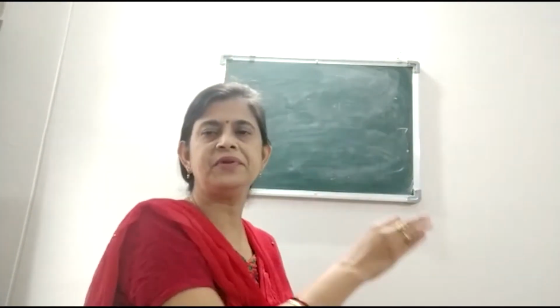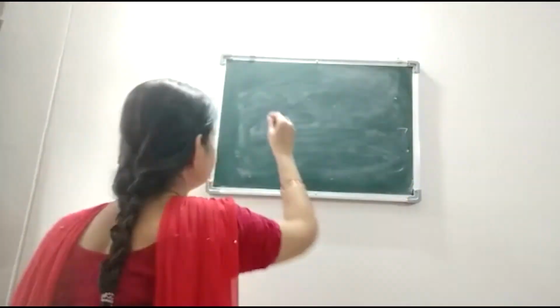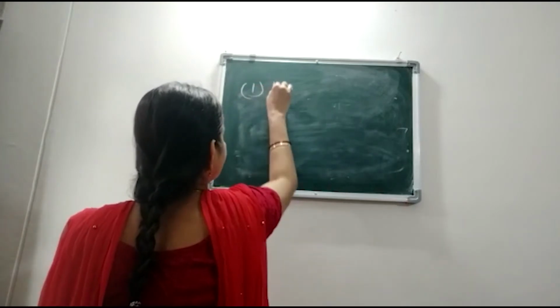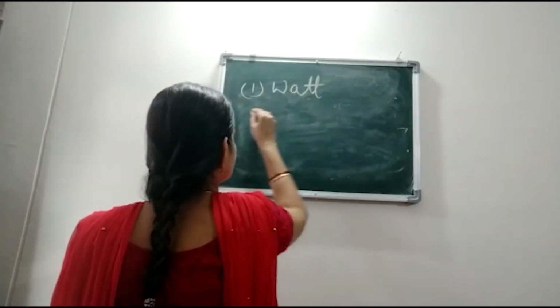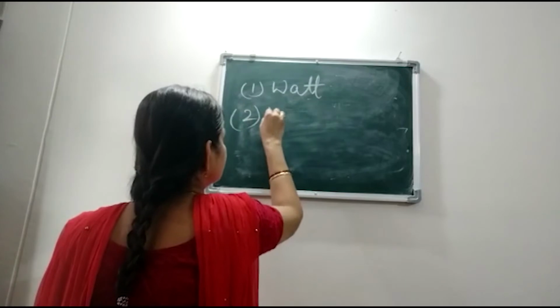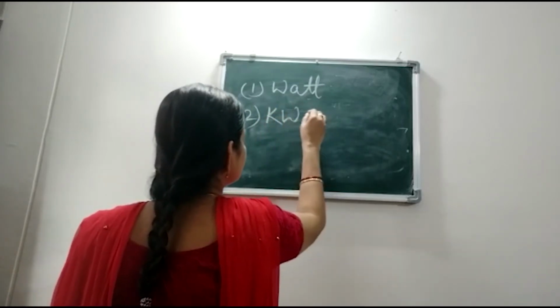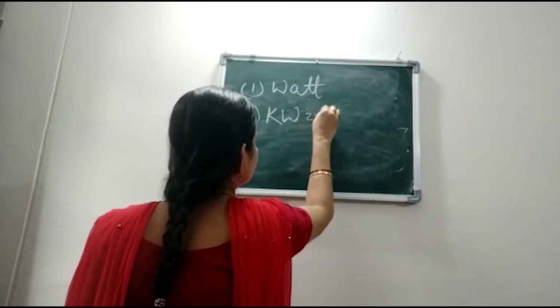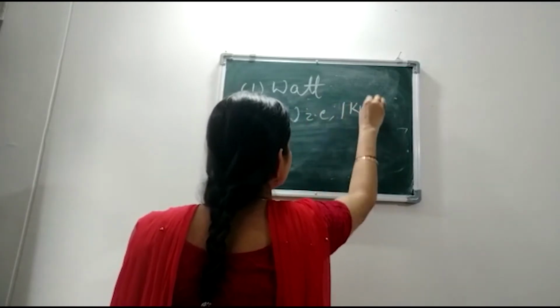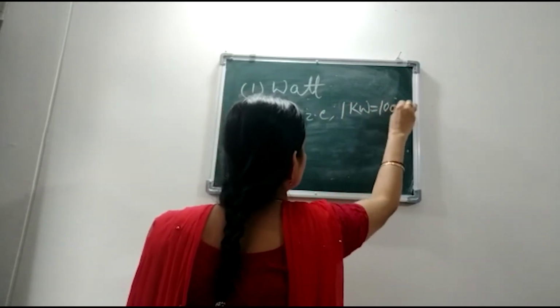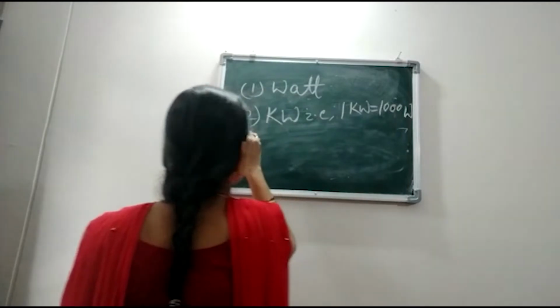So the different units of power are, one is watt, second one is kilowatt. Kilowatt means we can write down 1 kilowatt is equal to 1000 watt.